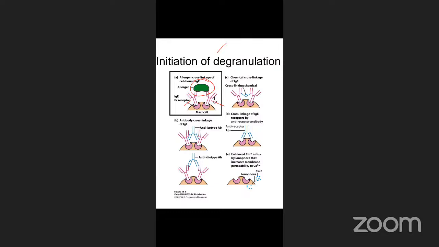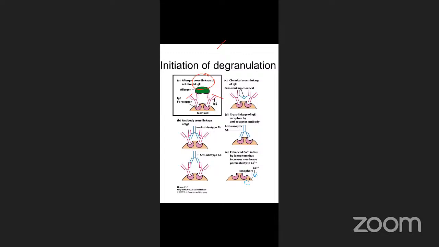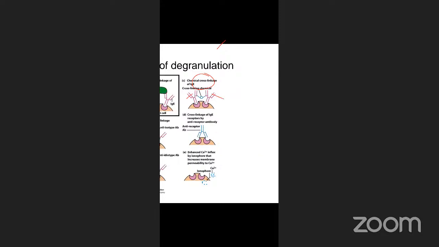Whenever this cross-linkage of cell-bound immunoglobulin E takes place, it activates a signal cascade in the mast cell and basophil, and the result is degranulation. Degranulation is enhanced by increased calcium influx through the ionophore, which increases the membrane permeability. For your understanding, I will show another image.